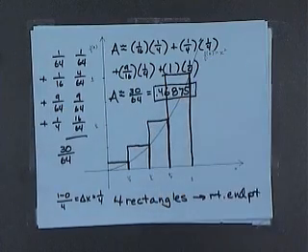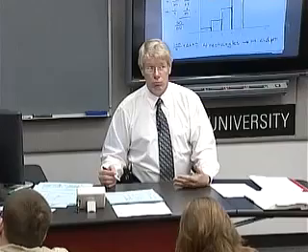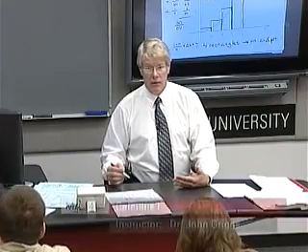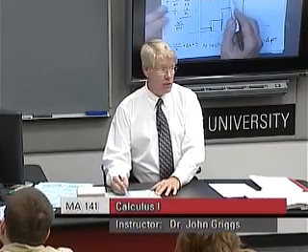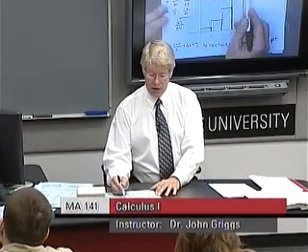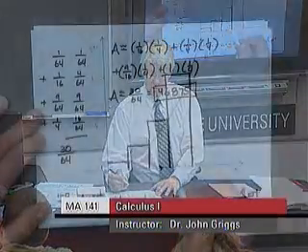So the first time with two rectangles we got 0.625. Now we're closer to the actual area under the curve, which is 1/3. Actually significantly closer, 0.46875.